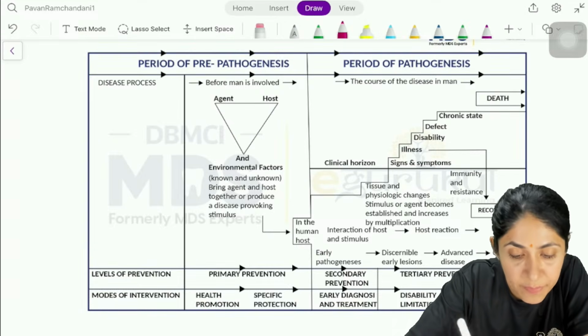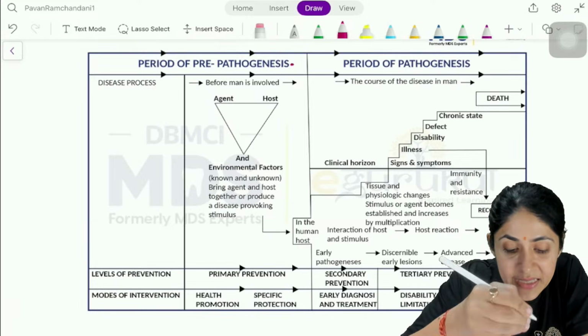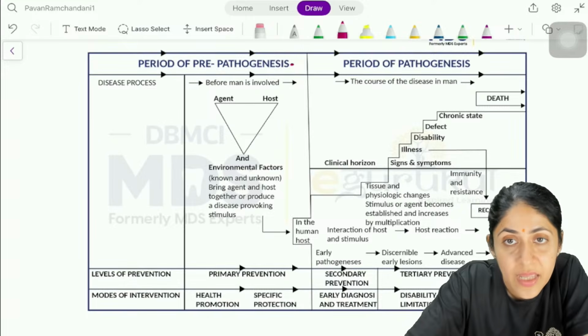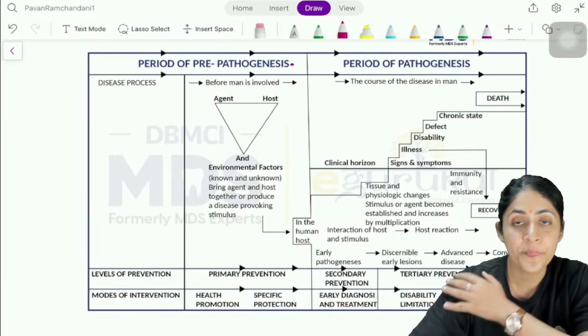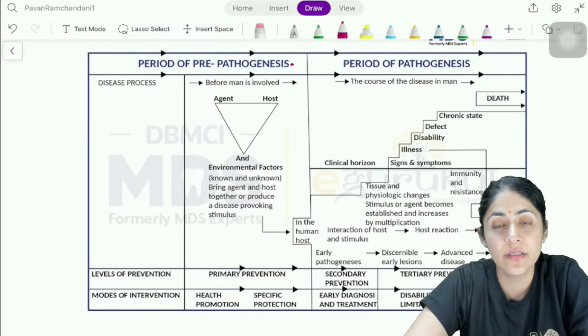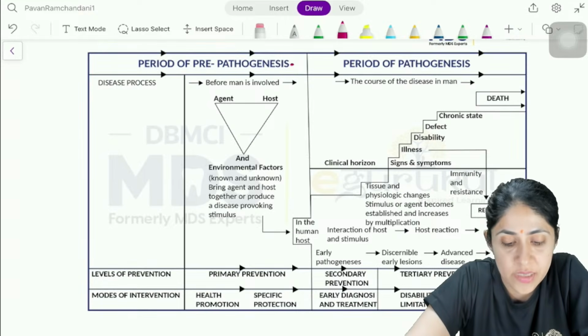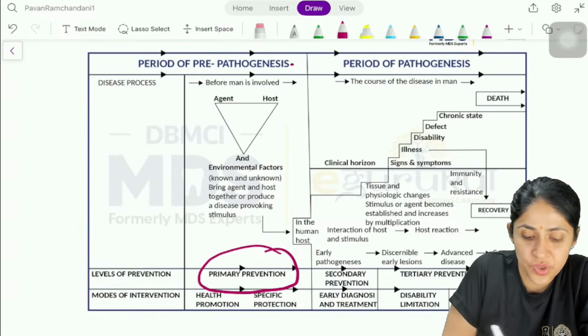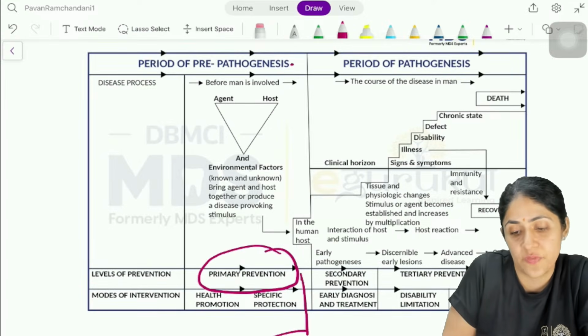What is pre-pathogenesis phase? That the disease has started developing but it has not yet manifested in the human being. That is called the pre-pathogenesis phase.